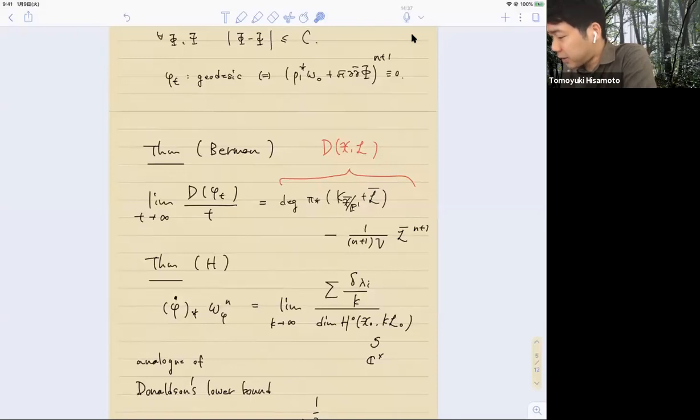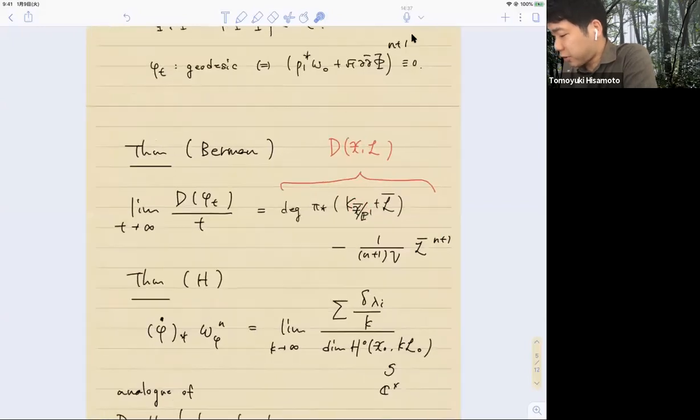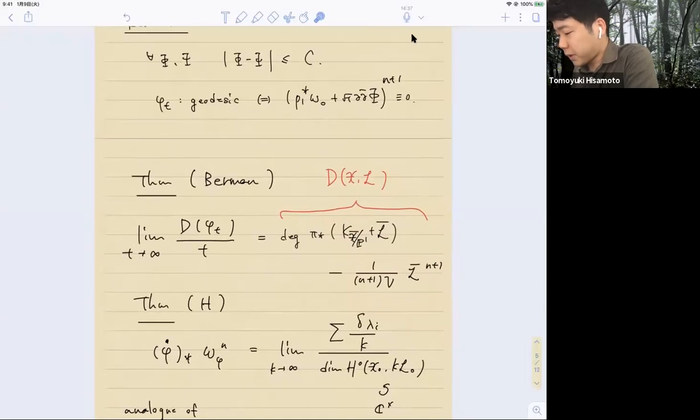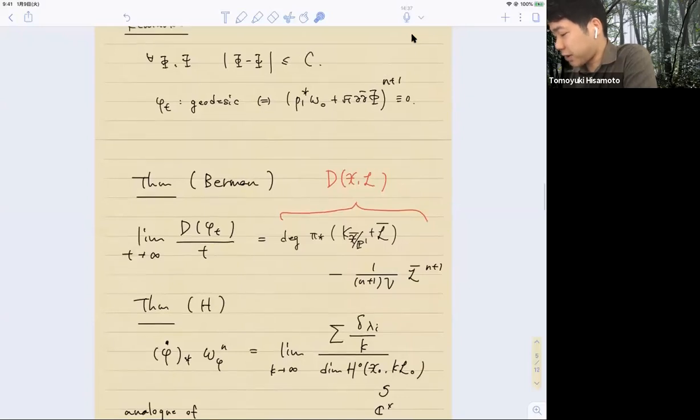So this X bar denotes the natural compactification of the above test configuration equivariant family, and this pi is the push down to the parameter space. So the slope is given by some numerical invariant, which we denote D of X, L.